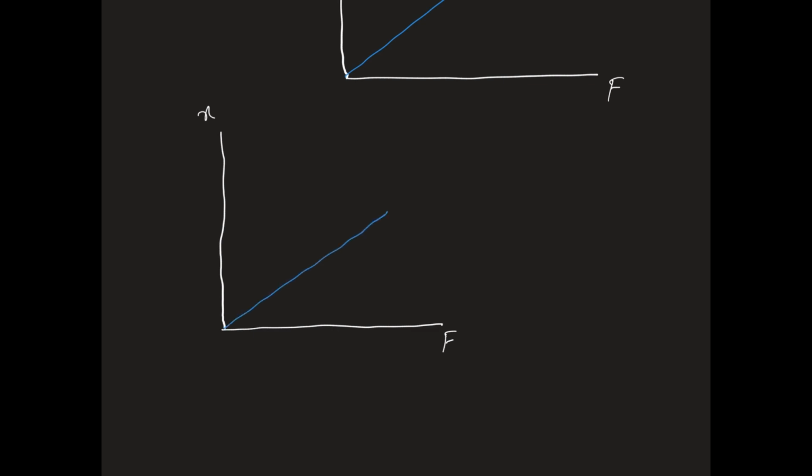But after some time, this straight line starts bending, like here. So this is the point where the line starts bending. This point is called the limit of proportionality.